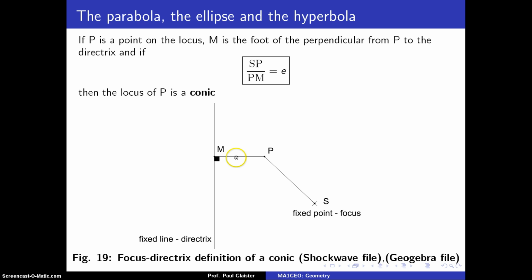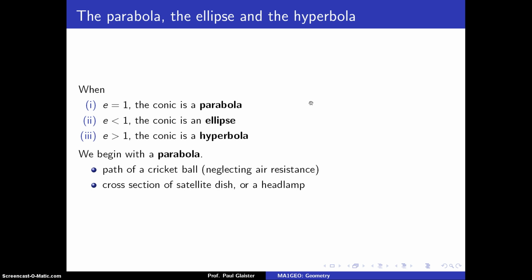And so for any of the parabola, ellipse or hyperbola, the ratio of SP to PM is the number E, the eccentricity, and that stays the same for all points on the locus. Now the three cases that we're going to look at: first, where that ratio is 1, so the eccentricity is 1, and that's called a parabola.